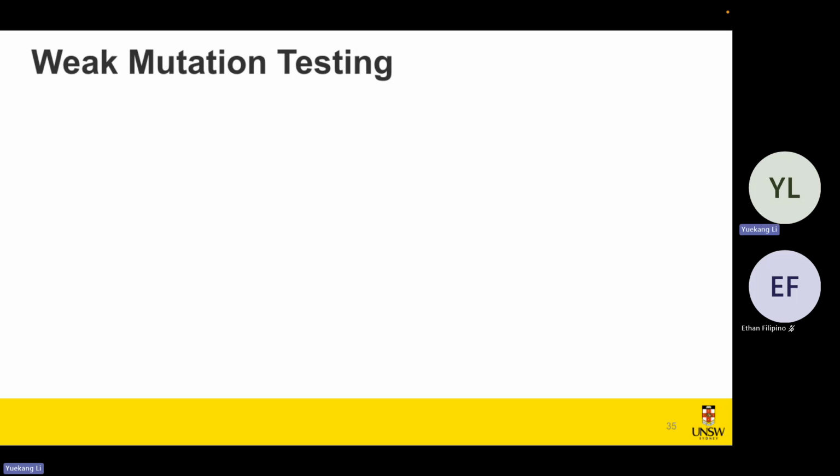This is a typical workflow of weak mutation testing. What we do first is put multiple faults into a single mutant. You can foresee the potential issue here. If we put multiple faults into this single mutant, what if it is not killed? It stays alive. Then there are multiple faults that are not captured, right? We need to locate the exact location of the fault.